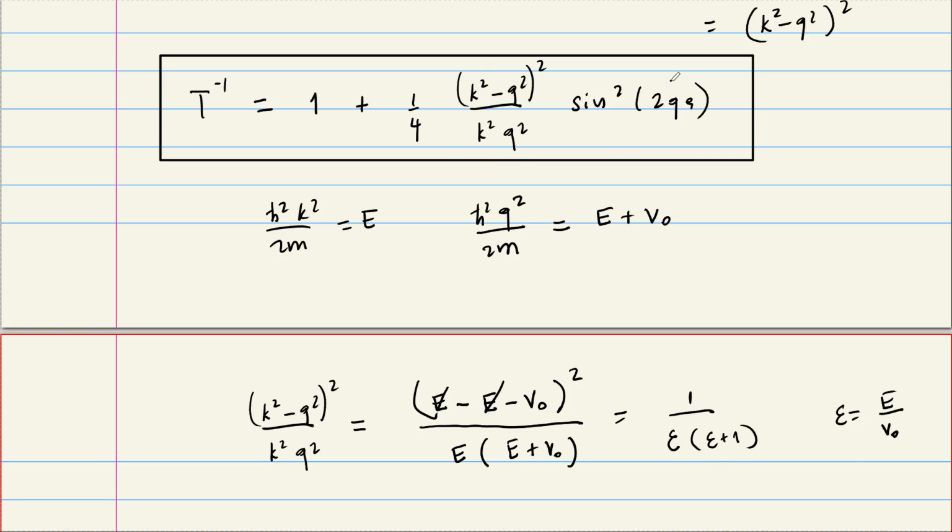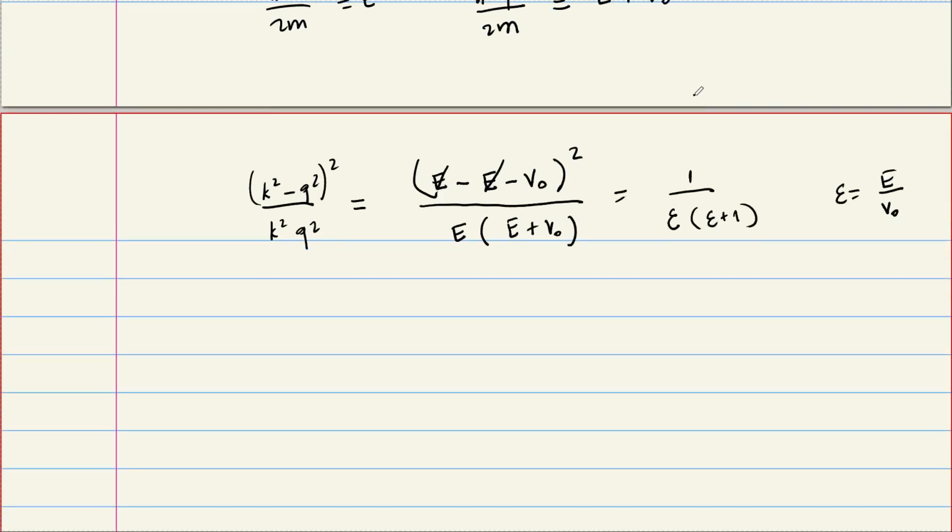And let me do the same thing with 2 times qa. 2 times qa is equal to, how did I do this? 2a, 2m over h bar squared, E plus V naught.